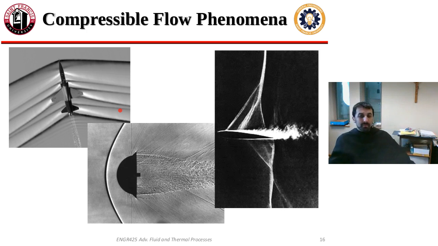So we know that shock waves exist to move the flow around a supersonic body, and the angle of the shock wave changes with how much the flow is actually turning.